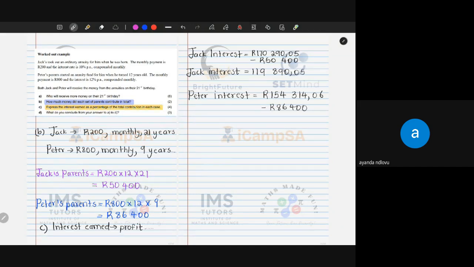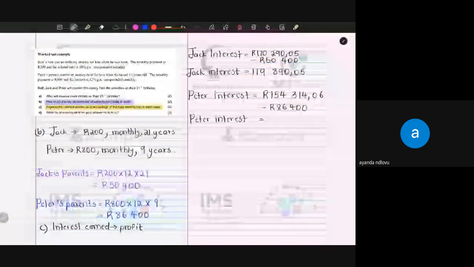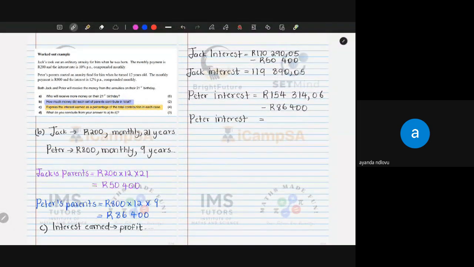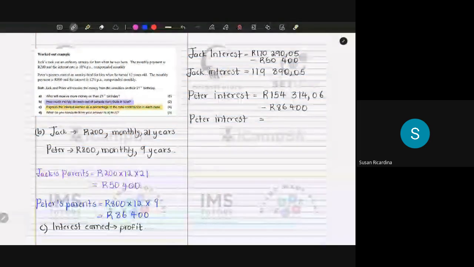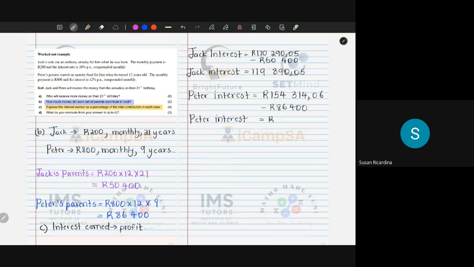Yes, okay. And what about Peter? How much interest did he get as profit? 67,914.06. Did you say 67 or 57? Give it a shot again. 67,914.06.